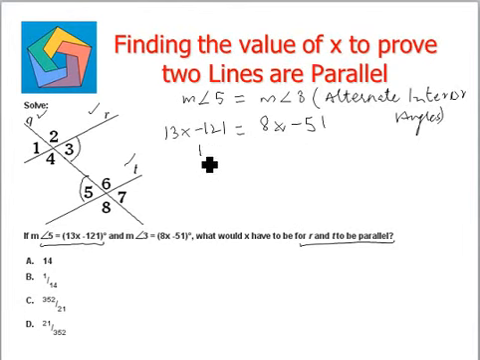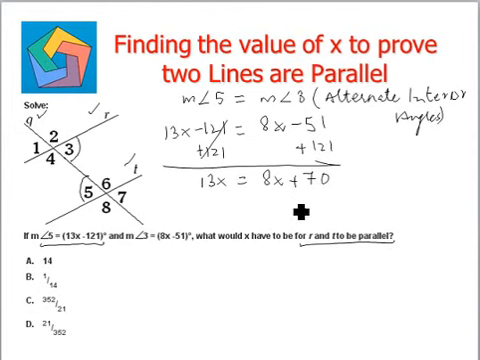First we add 121 to both sides and simplify this. This becomes 0. 13x equals 8x plus 70. Now we subtract 8x from both sides and see what we get. This is 0. 13x minus 8x is 5x equals 70.